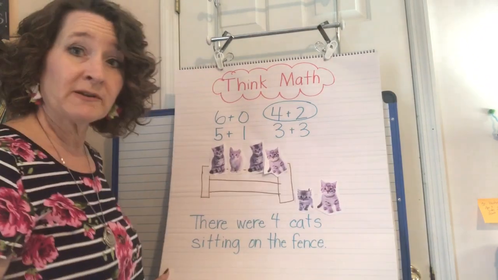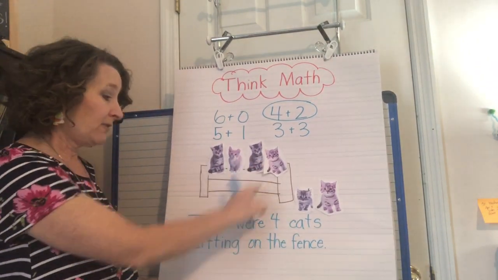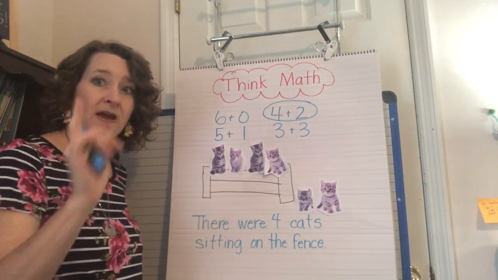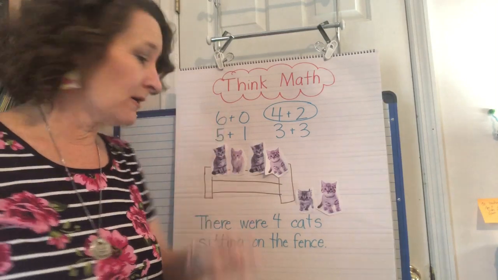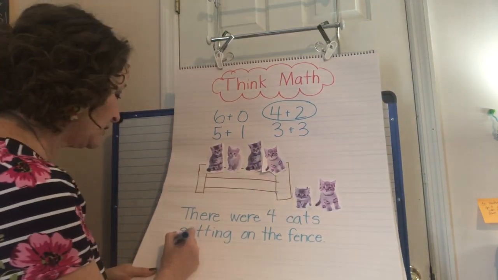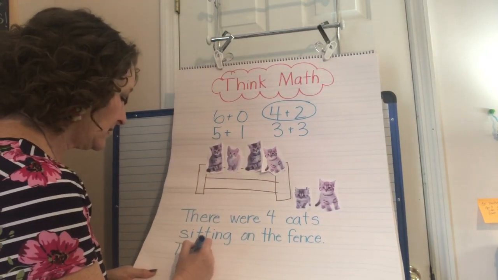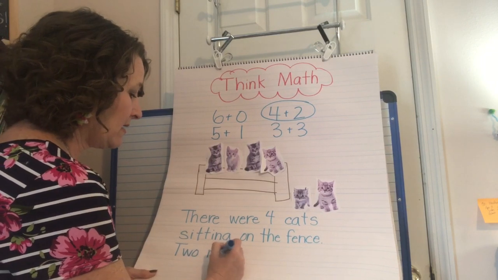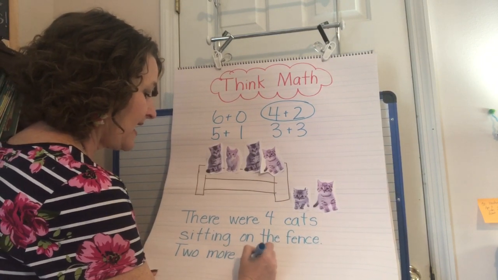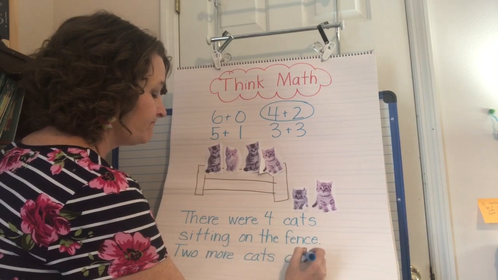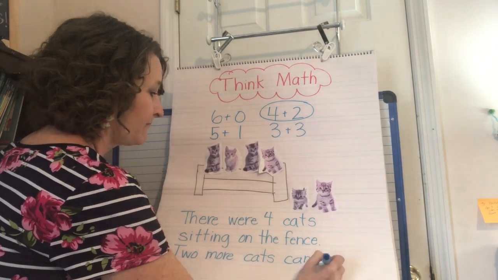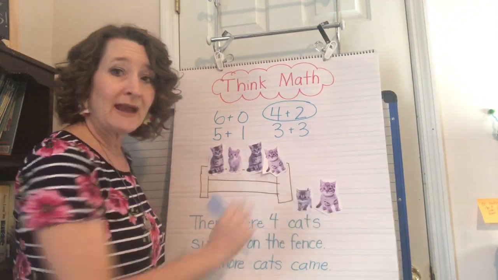There's the first part of my story. I told you what was happening. There were 4 cats sitting on the fence. But now we know it's 4 plus 2. So 2 more. So I'm going to say 2 more cats came. Okay, there's my 2 more cats that came.